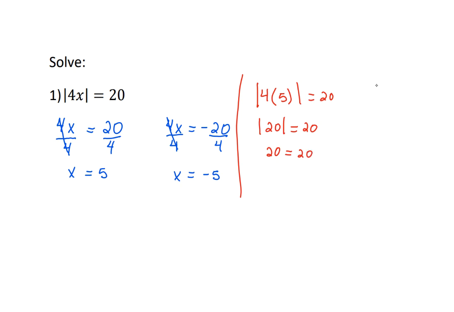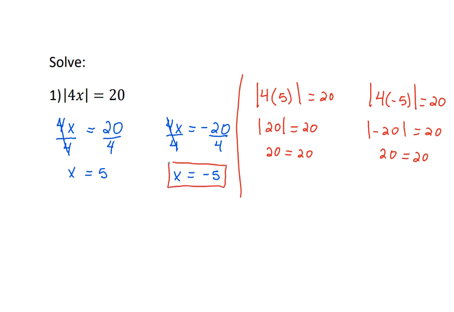Okay, so let's try negative 5. The absolute value of 4 times negative 5 equals 20. Again, we plug it into the original equation, not once we've taken it out of the absolute value. So 4 times negative 5 would be negative 20. But what is the value of negative 20? Or how far is negative 20 from 0 on the number line? It's 20 spaces. So both of these check out, and that makes both of these part of our solution set, 5 and negative 5.